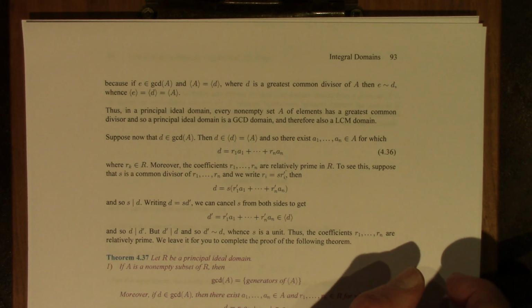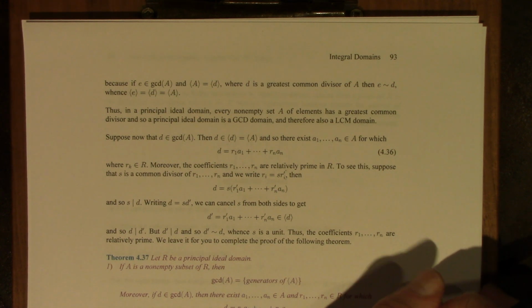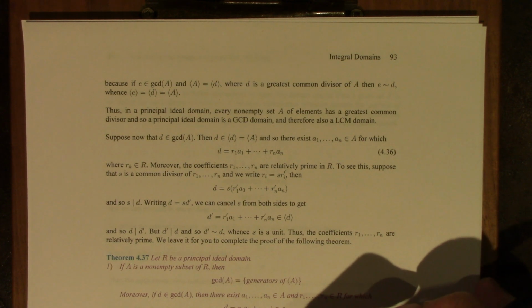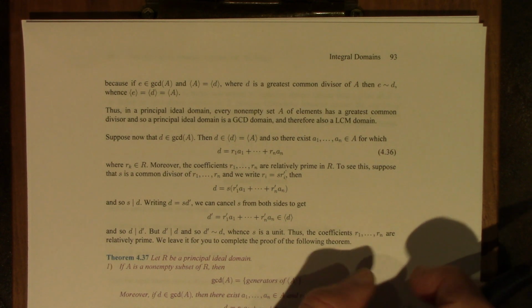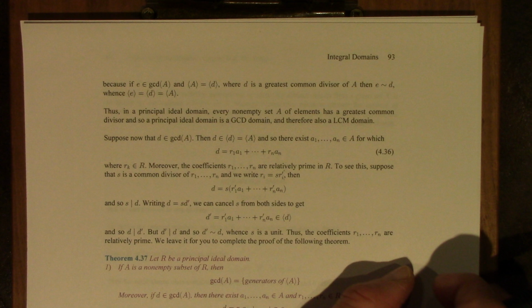Unique up to the order of the factors and up to associate, not associativity, up to associate. So you can replace factors by their associates. So it's essential uniqueness.